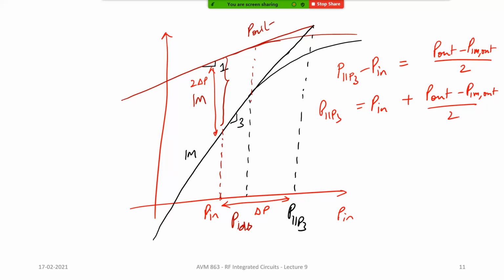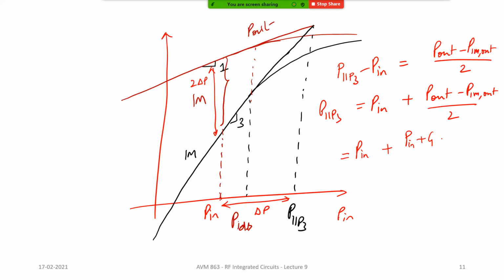Now, if you say P in and P out are related by a factor of gain, you can say that this can be written as P in plus G, right?